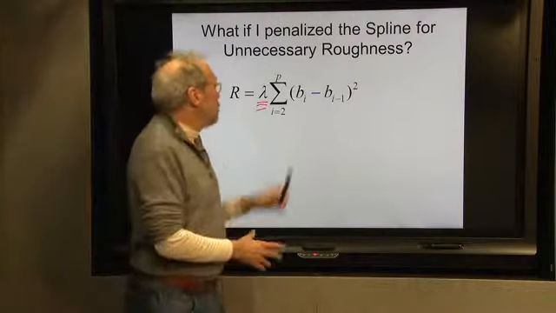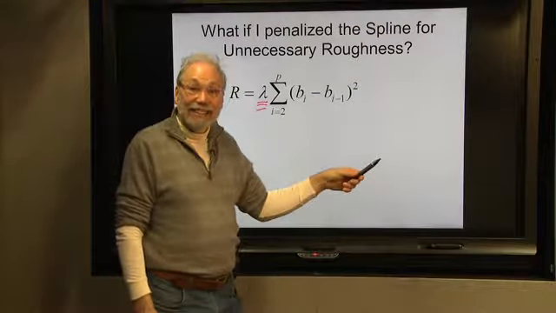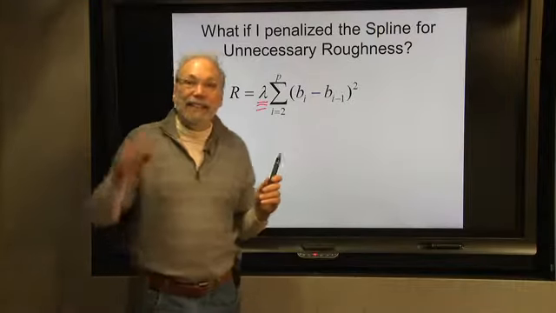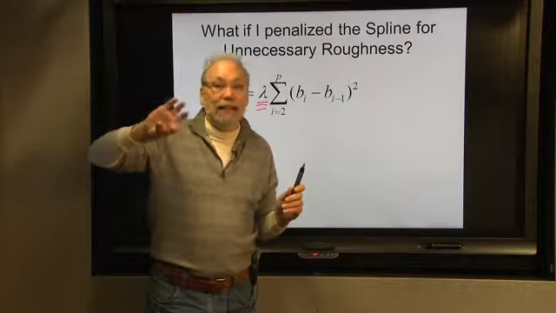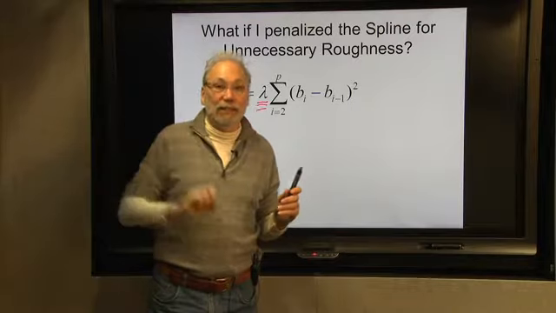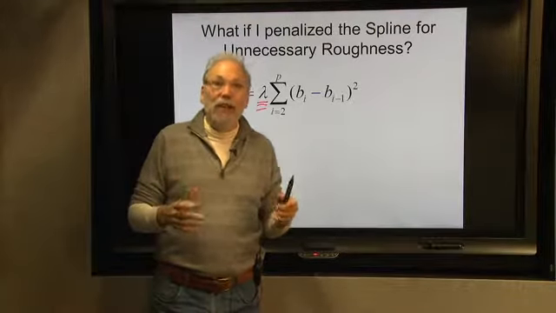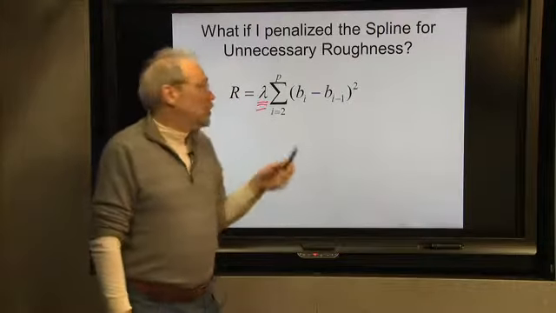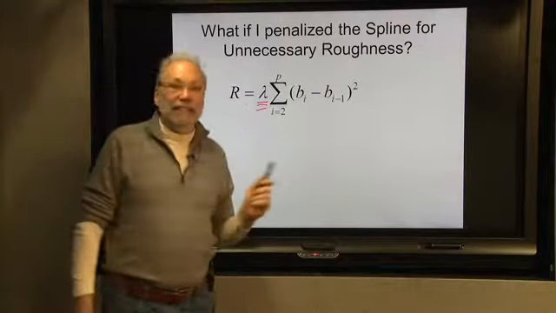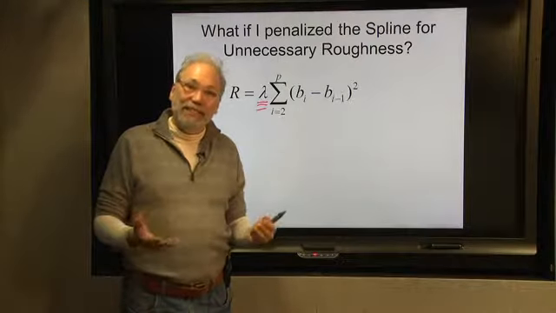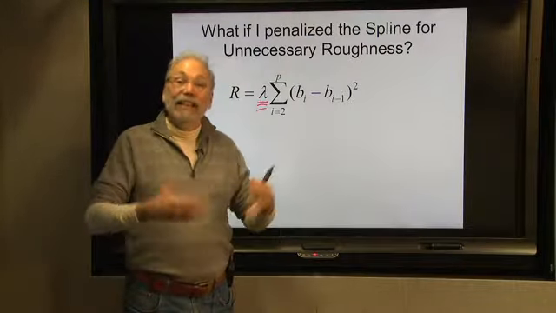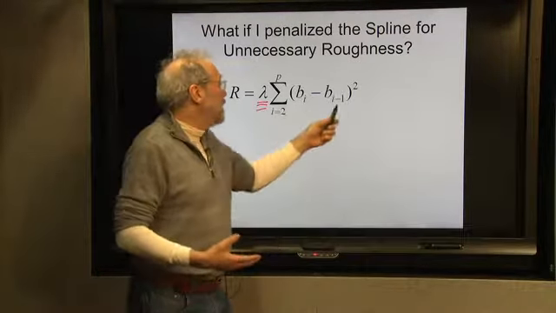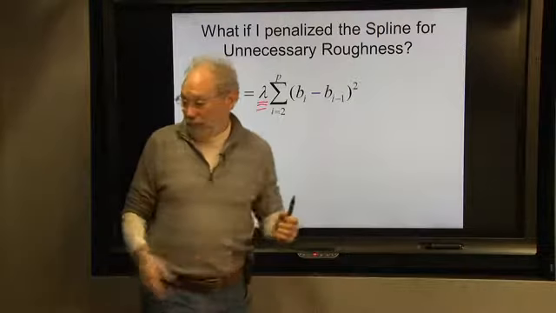And I do that by putting in a lot of knots, calculating this penalty, and deciding how big it should be by turning the knob to make lambda bigger and smaller. So now I need to choose one thing, which is lambda, to determine my penalty. And of course, I also have to tell you how I'm going to use that penalty to actually constrain the coefficients so that these changes are not too big.